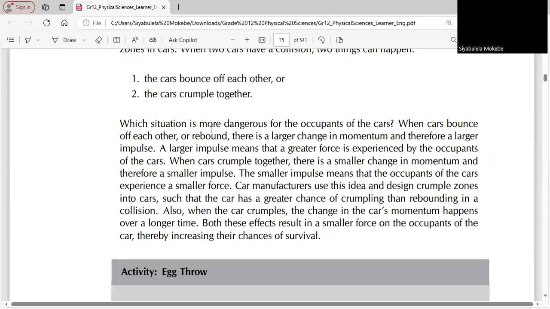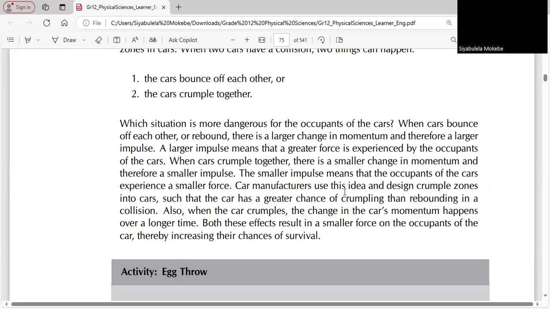When cars bounce off each other or rebound, there is a large change in momentum and therefore a larger impulse. A larger impulse means that a greater force is experienced by the occupants of the cars. When cars crumple together, there is a smaller change in momentum, and the occupants experience a smaller force.